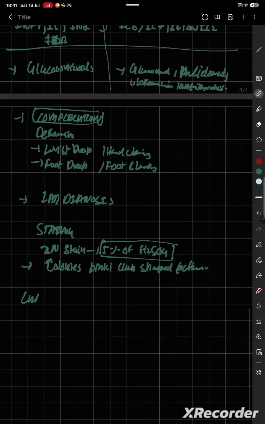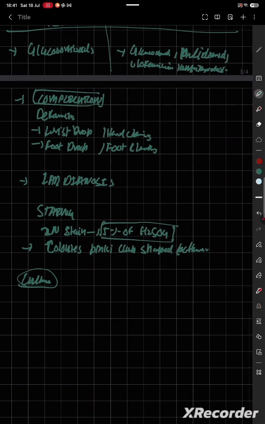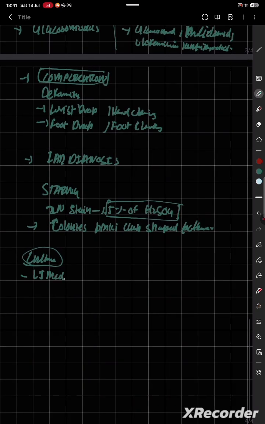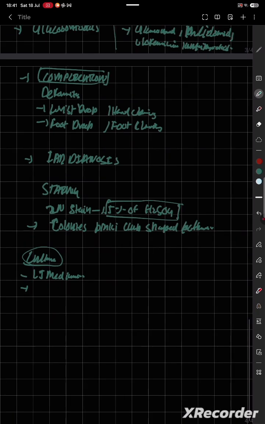Then you have culture. You will have the Lowenstein-Jensen medium, LJ medium, for leprosy.